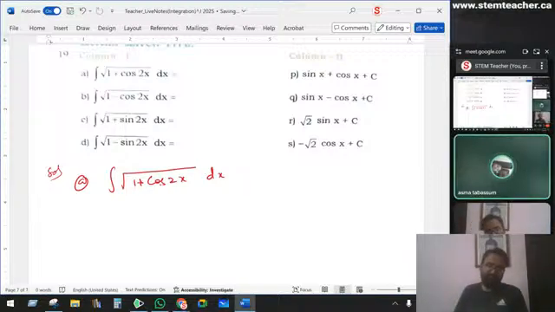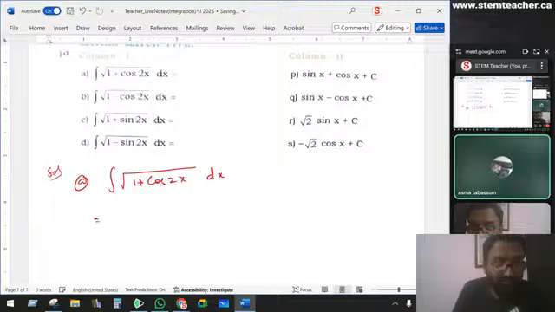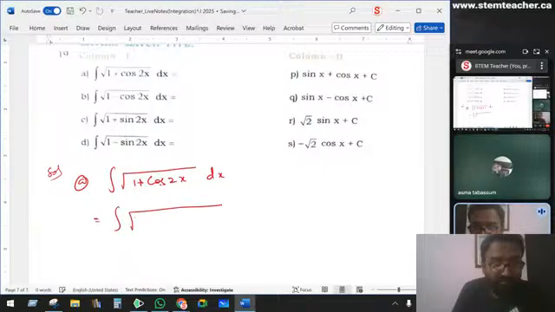So cos 2 theta, how can you write that? Cos square theta minus sin square theta. Very good. Integration under root of 1 plus cos square x minus sin square x.